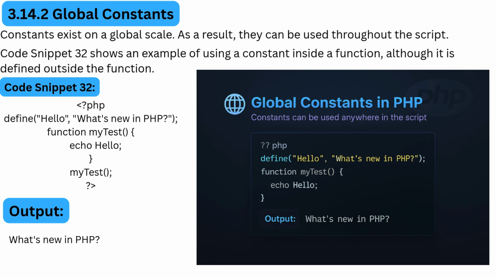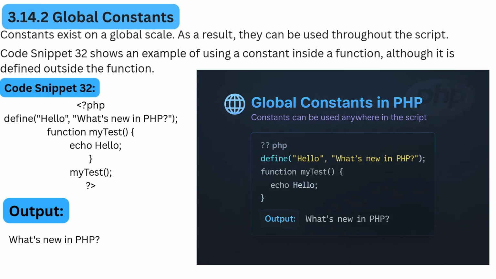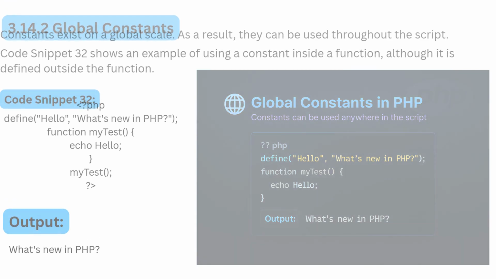The final output displayed on the screen is, what's new in PHP? This feature makes constants incredibly useful for defining fixed values, such as configuration data, database credentials, or site-wide settings that you'll need to use repeatedly across your entire PHP script.